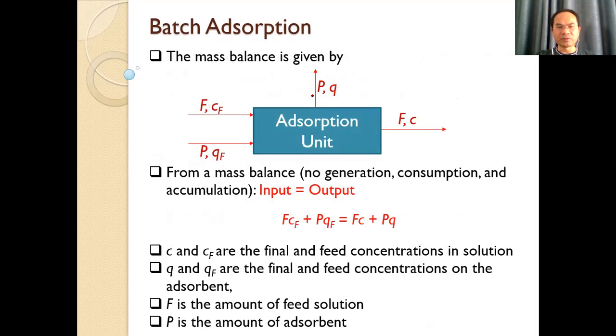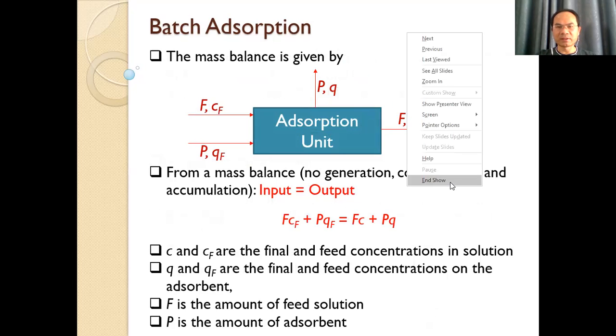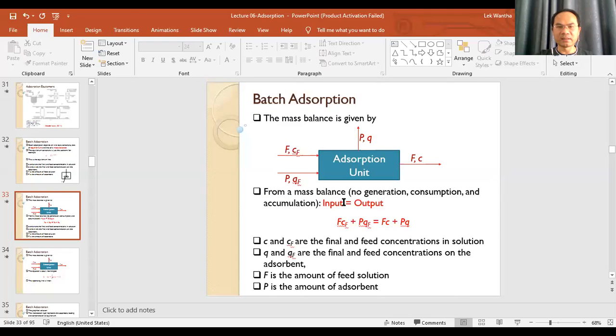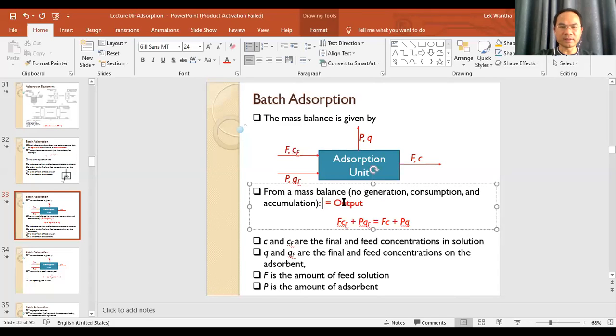And then if you draw the schematic, F with CF initially, P with QF initially. This is the initial step and the final step. For the batch process we call it the initial step and final step.